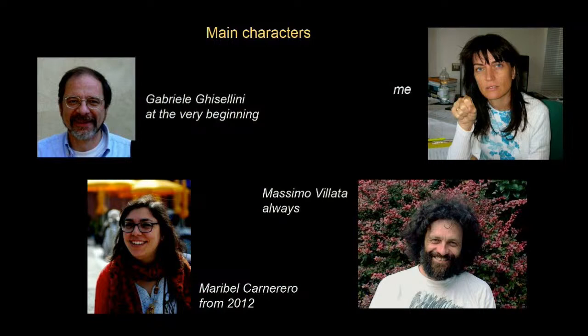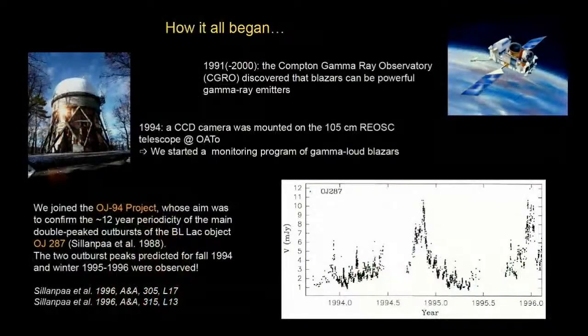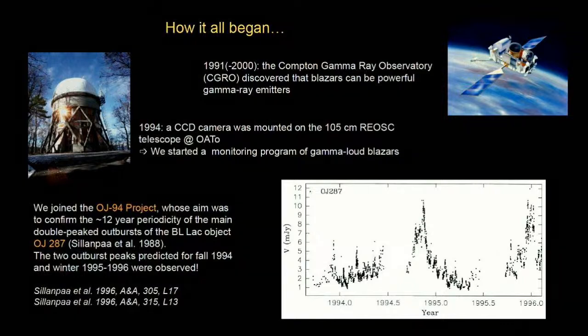Besides me, I must mention Gabriele Ghisellini, who was here in Torino at the very beginning, Maribel Carnerero, who came here 12 years ago, and finally Massimo Villata, who has always been here and active.